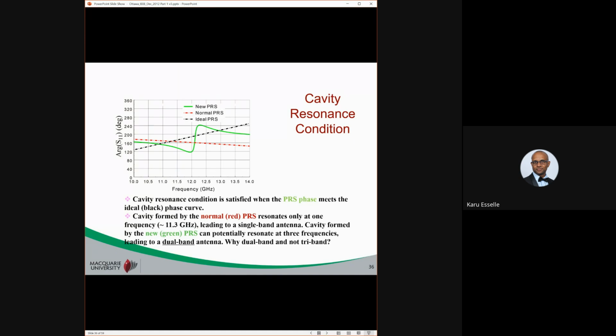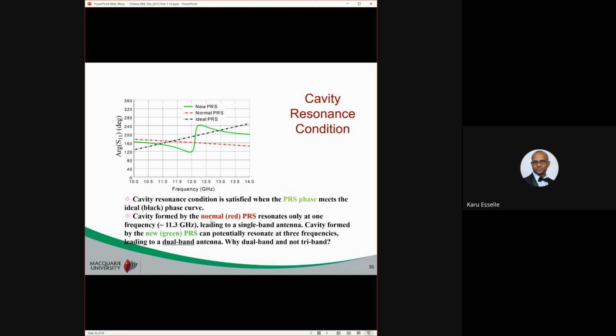So you think it might radiate at all three frequencies. But it turned out that it does not radiate well at this frequency, but it only radiates well at this frequency and this frequency. So what you get is a dual band antenna.